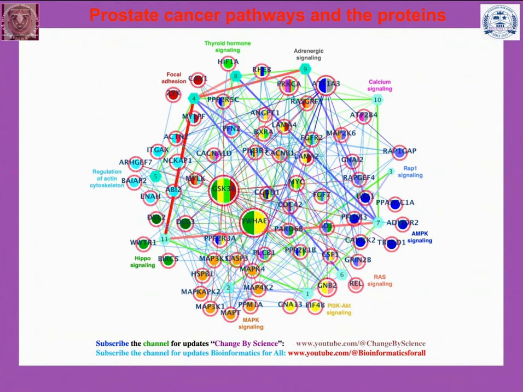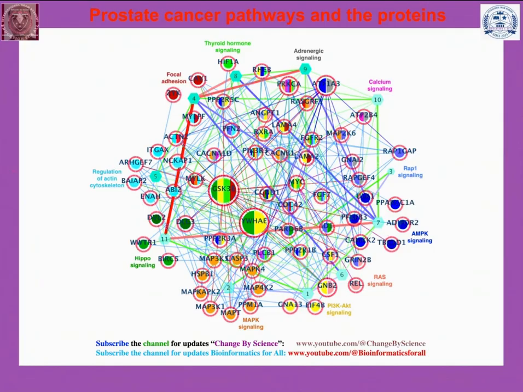So 5 is for regulation of actin cytoskeleton. Then in the same way, you can go for other colors. So all these 11 pathways have been represented here. One is representing PI3K AKT.